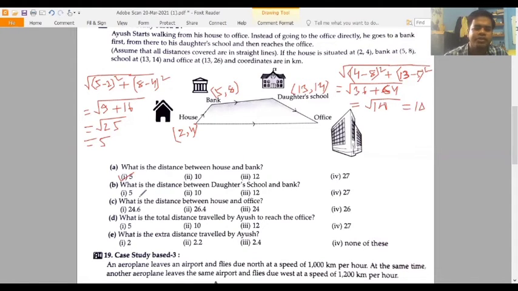So 10 kilometers is the distance between the daughter's school and the bank.